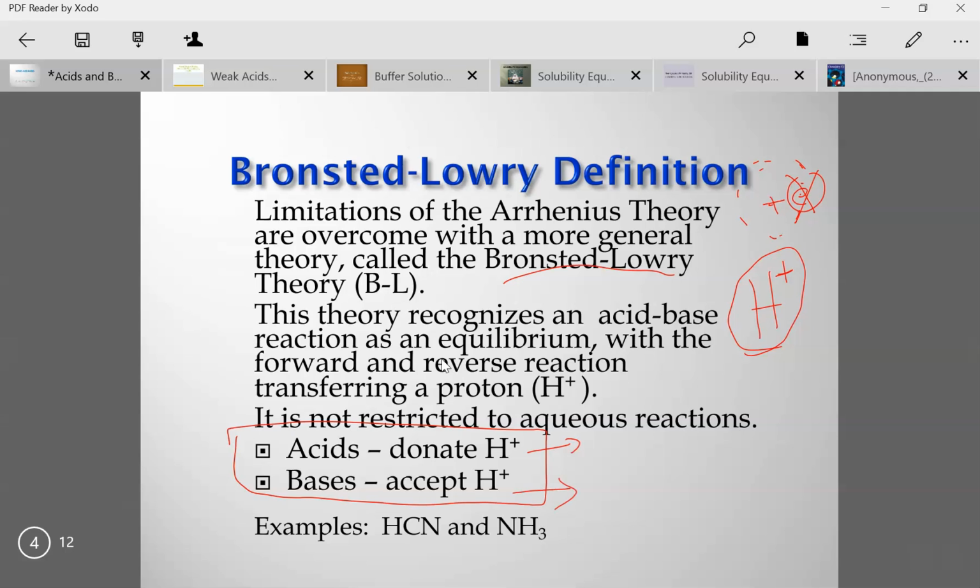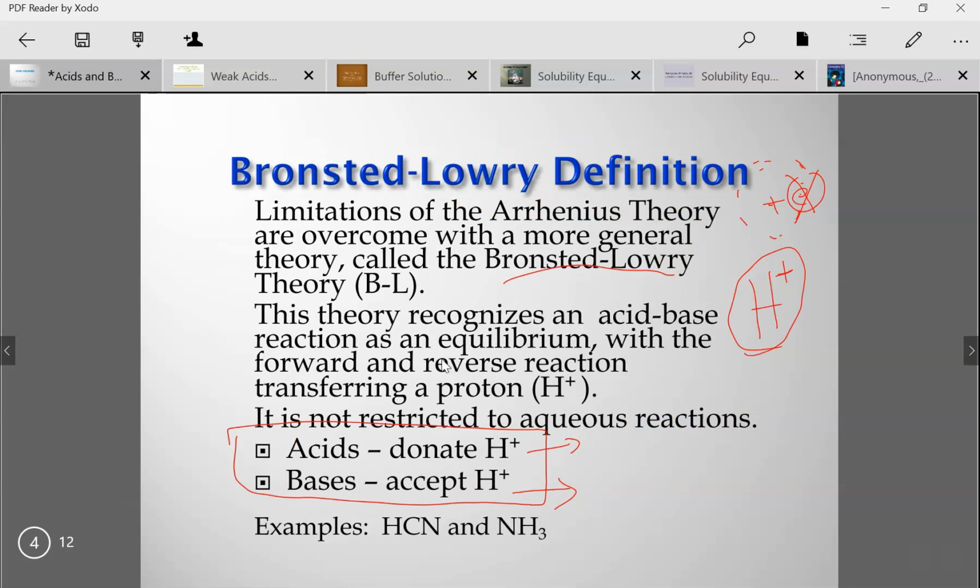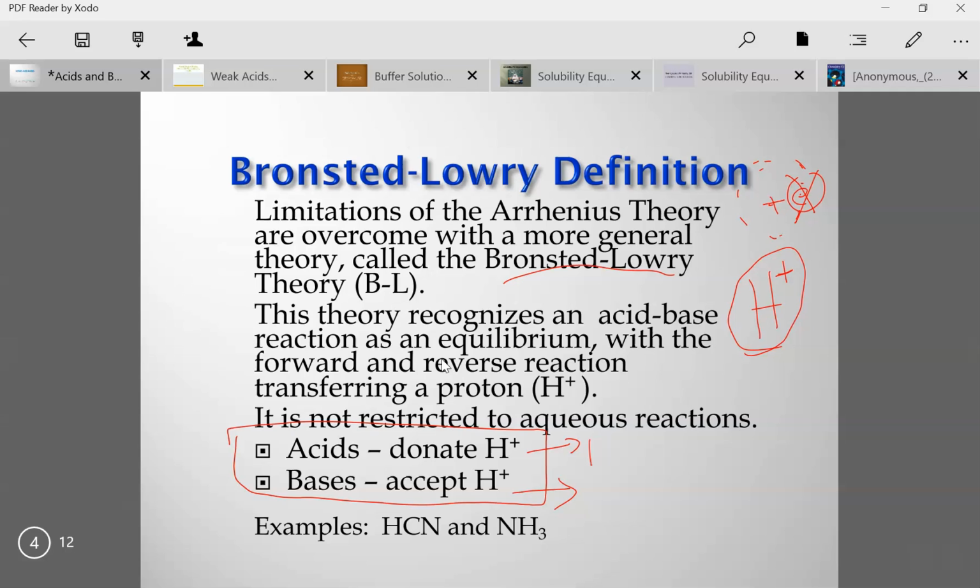What does that mean? Essentially the acid is almost the same idea as an Arrhenius acid, except we are extending that definition. Arrhenius specifically said ionize in water, whereas Bronsted-Lowry is saying that any chemical species, basically any chemical that has an H to give away, can be considered an acid.